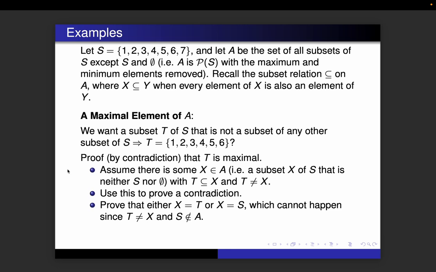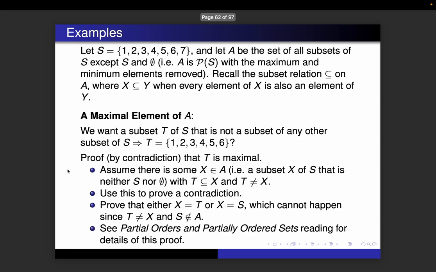So there's a pretty straightforward argument there. I'm not going to include all the details. But here's the problem. By assumption, T was not equal to X. Just go ahead and look at the bullet point a couple steps up. And we were assuming that S is not in A. So again, if you want some details of this proof, I encourage you to look at the reading. It's called Partial Orders and Partially Ordered Sets, and that one's on Blackboard.